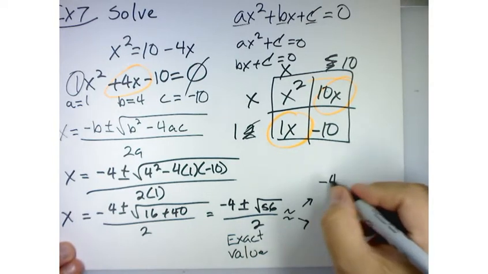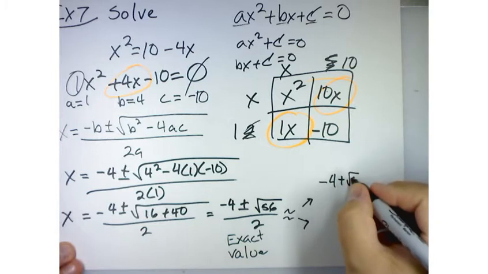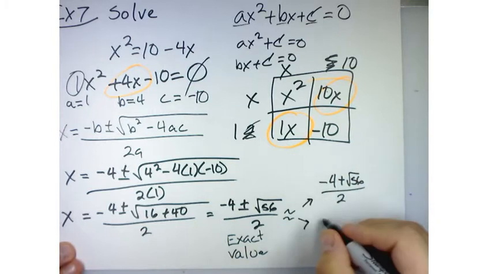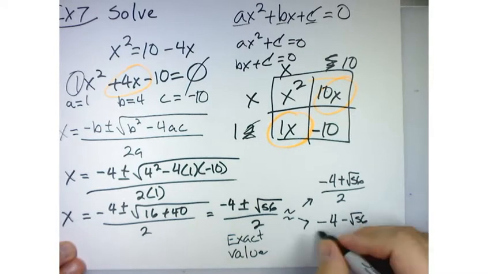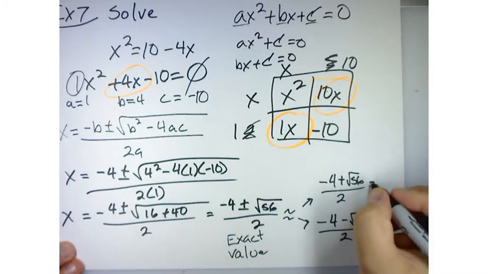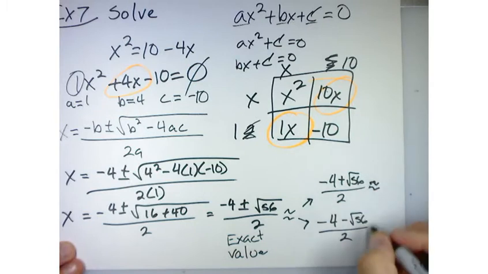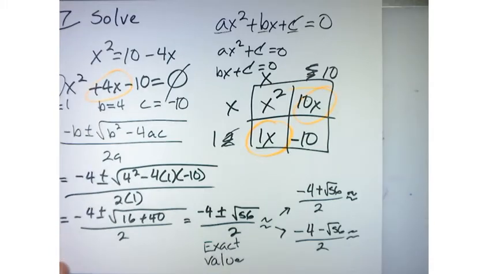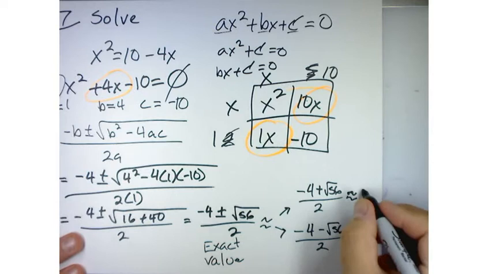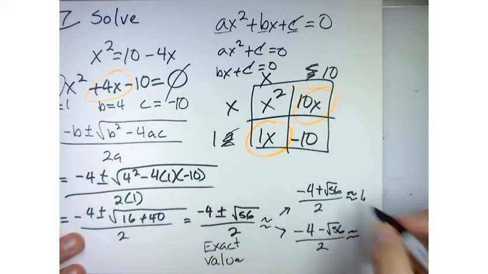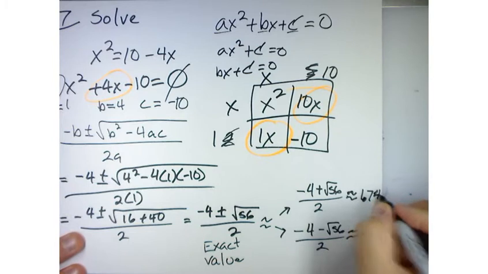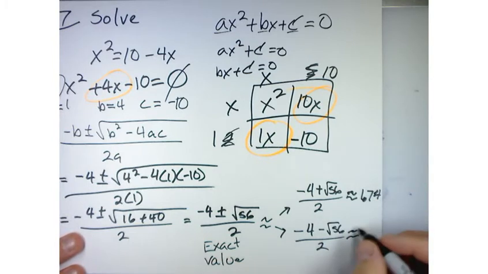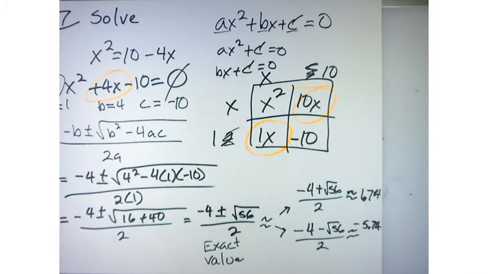So we would say negative 4 plus the square root of 56 all over 2, and negative 4 minus the square root of 56 all over 2. And if you plug that in the calculator, you'll get like 1.74 and negative 5.74. Okay? Does that make sense?